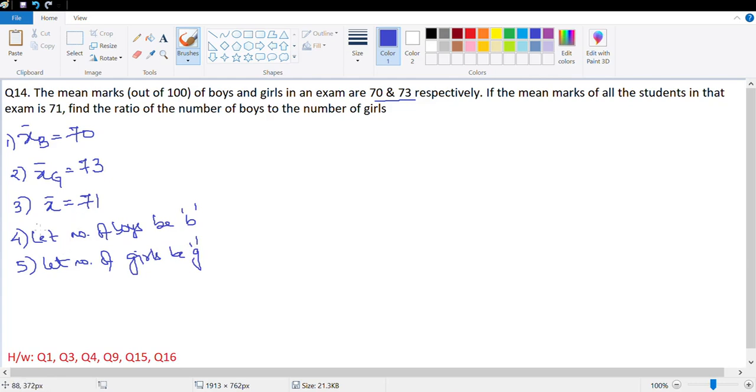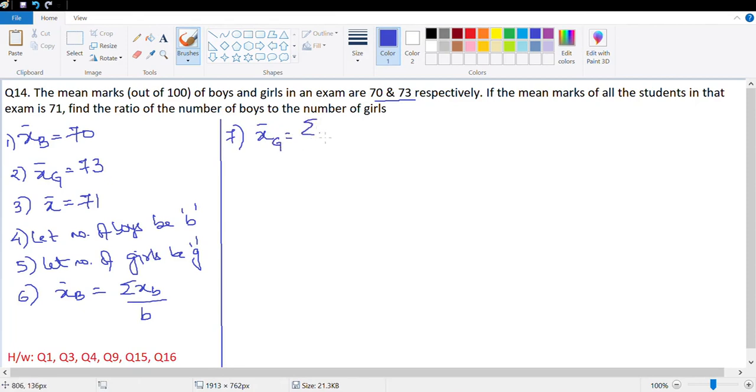So let's figure out the ratio. We already know the mean for boys is equal to the sum of all the marks of boys upon the number of boys. Yes, that's correct. And similarly, the mean marks of girls will be equal to the summation of all the marks of girls upon the number of girls. Let's put the values that we know.